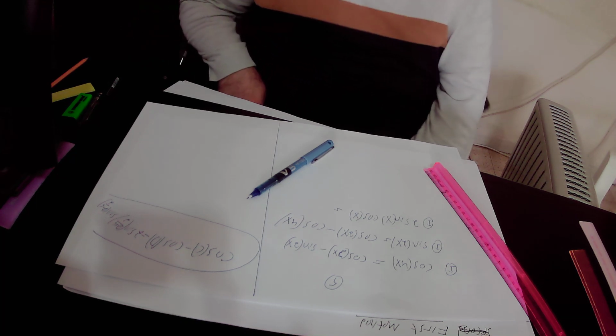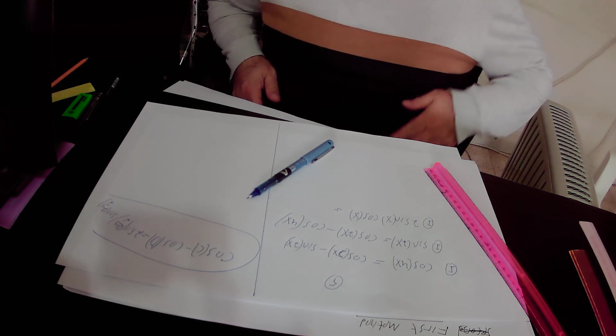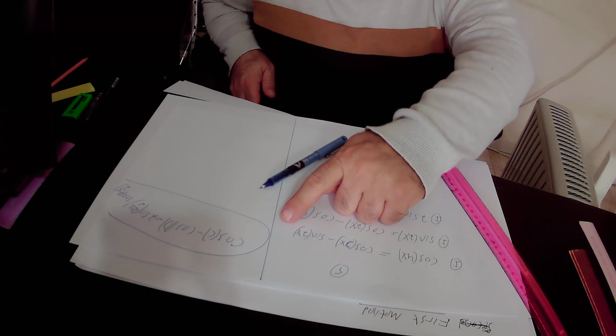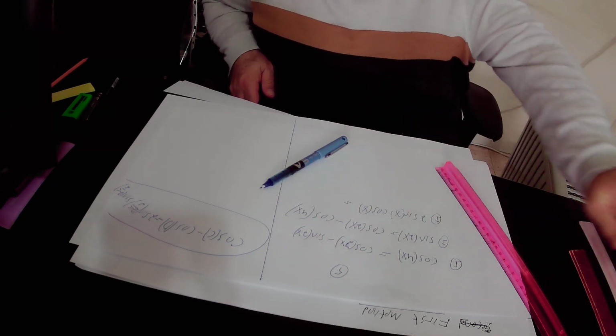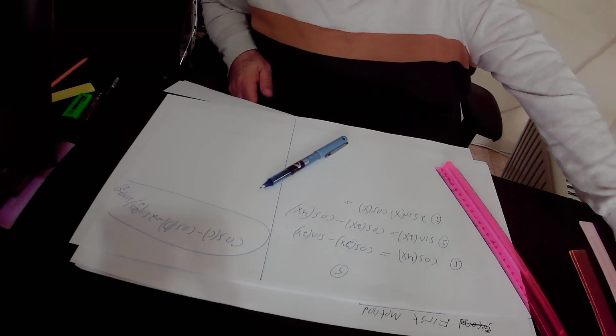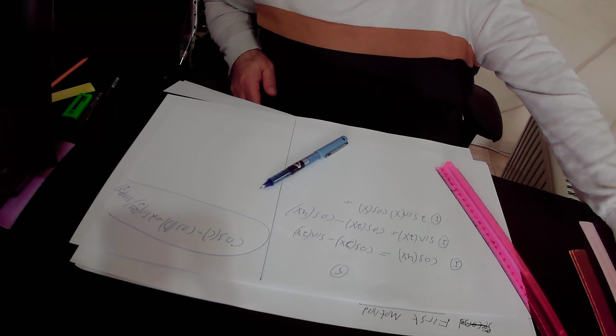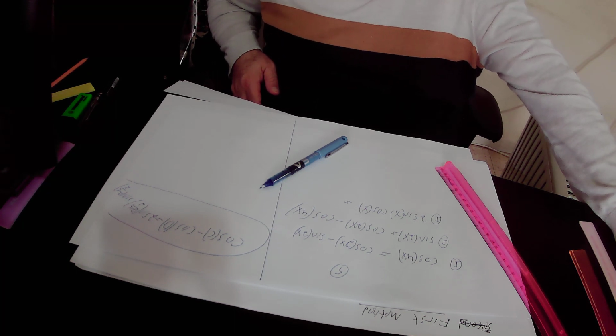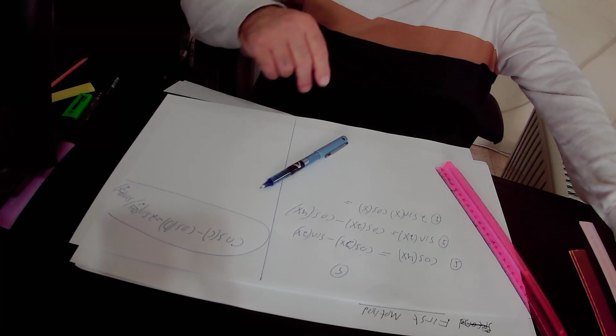So according to the trigonometric identity, cosine C minus cosine D equals 2 sine of (D plus C) over 2 times sine of (D minus C) over 2, and we have cosine 2x minus cosine 4x.